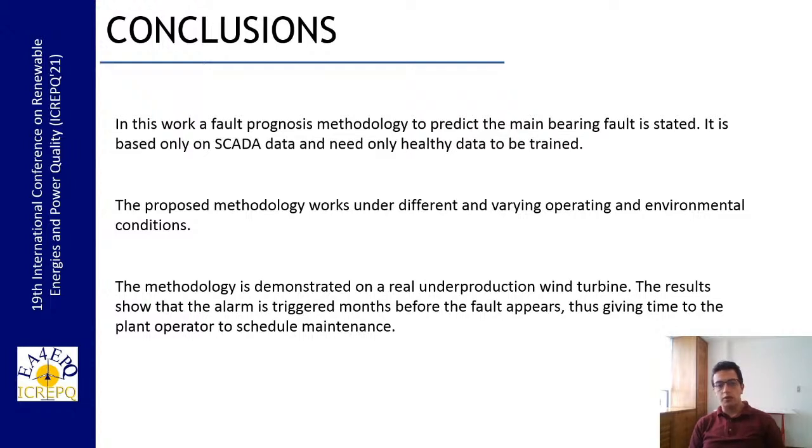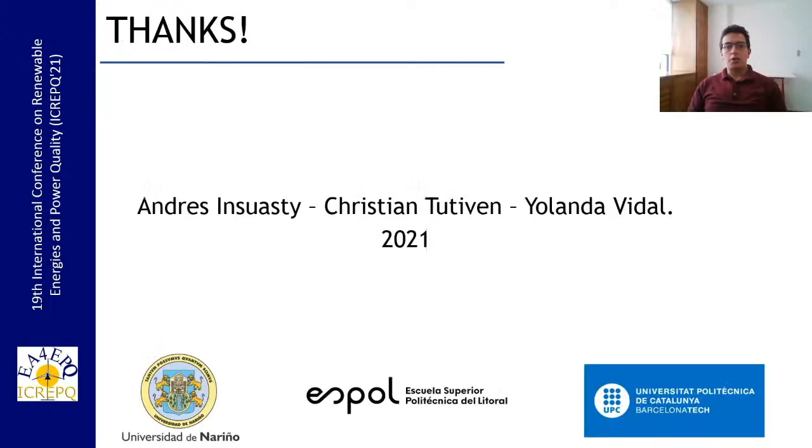The third is that the methodology is demonstrated on a real under-production wind turbine. The results show that the alarm is triggered months before the fault appears, thus giving time to the plant operator to schedule maintenance. Thanks, I hope it has been of interest. Thank you very much. See you.